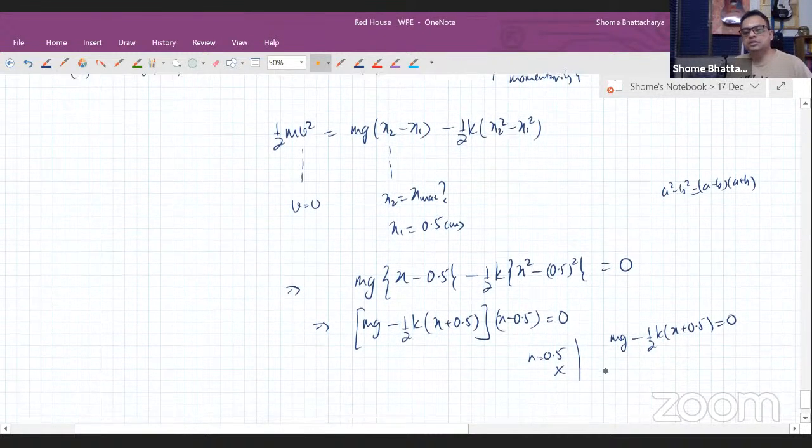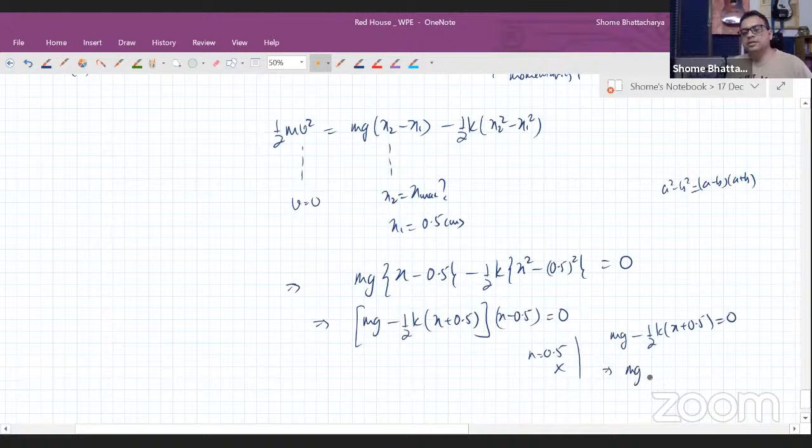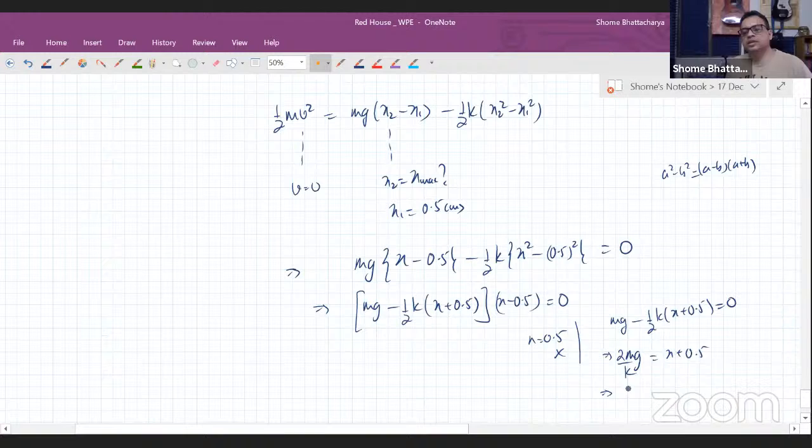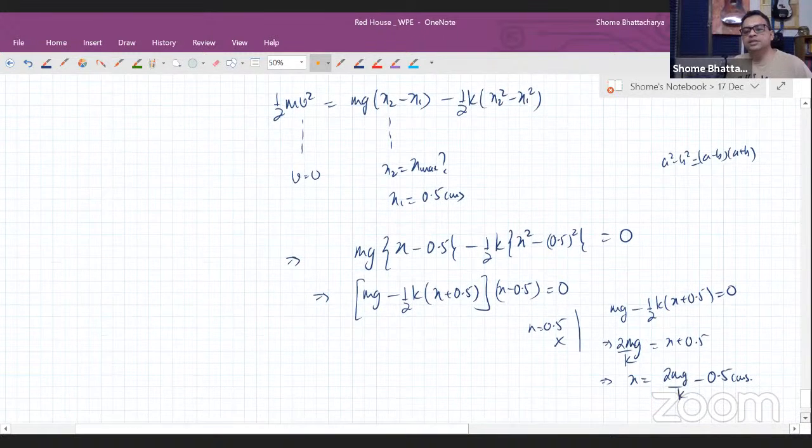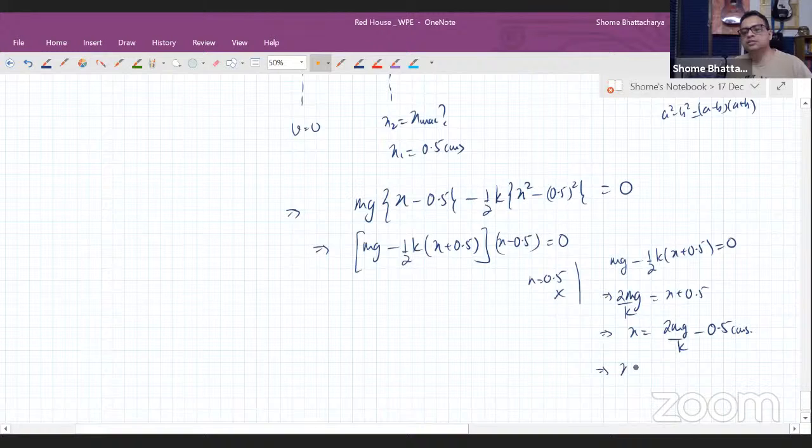So that means mg or 2 mg by k is equal to x plus 0.5. So this x should be equal to 2 mg by k minus 0.5 centimeters. Now 2 mg by k you can see is twice of 50 newtons divided by 20 newtons per centimeter.